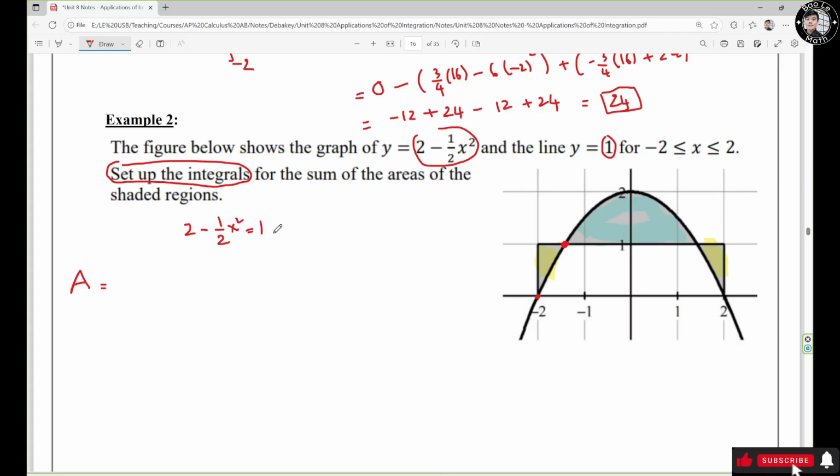Multiply both sides by 2 right here, so then you have 4 minus s squared equals 2. So I have s squared equals 2, s equals plus and minus √2, right? So this one right here is -√2, and this one right here is √2, and this one right here is -2, this one is 2, right?